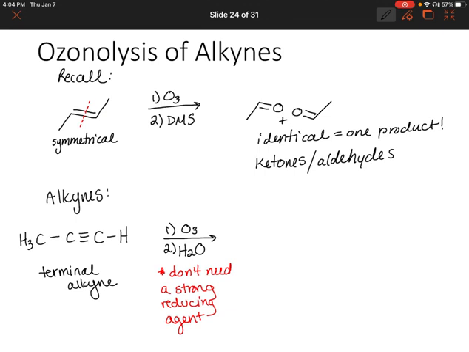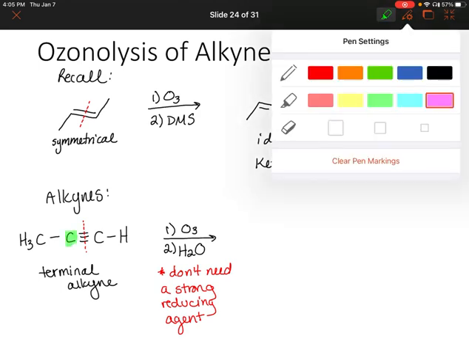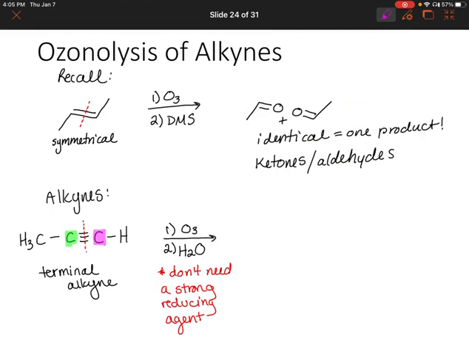Now we're still going to split the triple bond in half, essentially. And what we end up forming is a carboxylic acid and carbon dioxide. So let's highlight our 2 carbons here. I'm going to highlight the left carbon in green and then the right carbon in purple. Okay, so the left-hand carbon forms the carboxylic acid because it's more substituted.